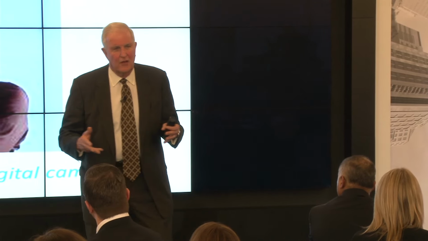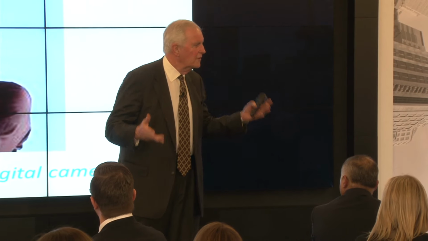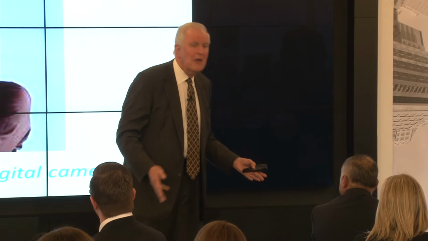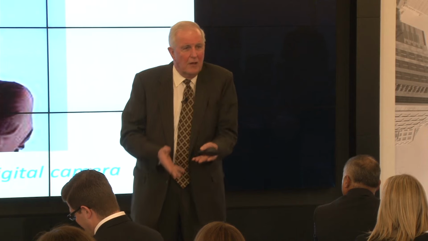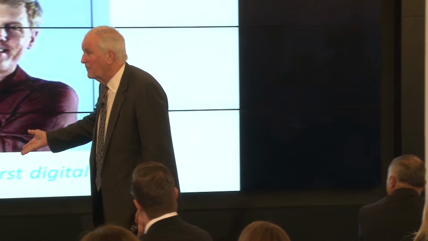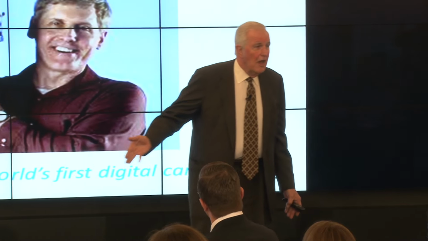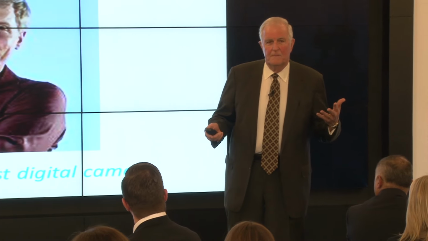Now, their reactions were dressed up with all kinds of formal things, like one Kodak executive famously said, who would ever want to see their pictures on their TV screens, right? But the bottom line was they were looking at their business model. It was working great. In fact, it was going to continue to work pretty great for the next 15 years. And so they turned a blind eye to the technology that they themselves had developed.